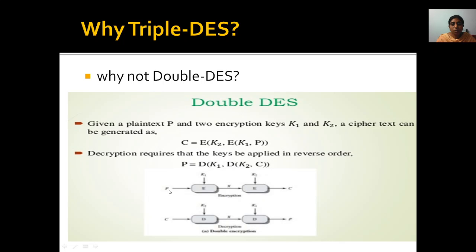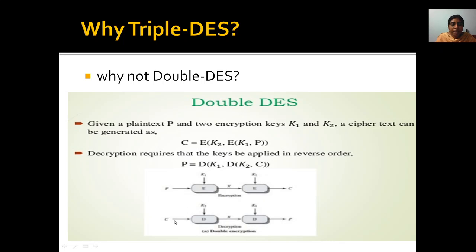In the diagram you can observe that when the plain text is applied and we use K1 to encrypt the data, we get an intermediate ciphertext value. Then we take that encrypted value and the key, and we get the ciphertext.